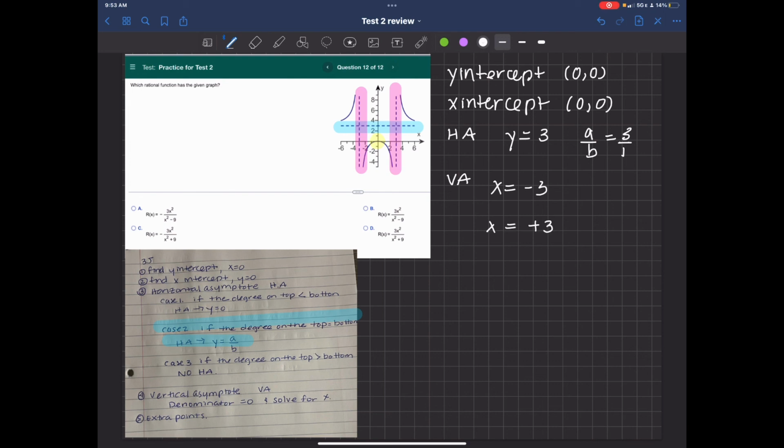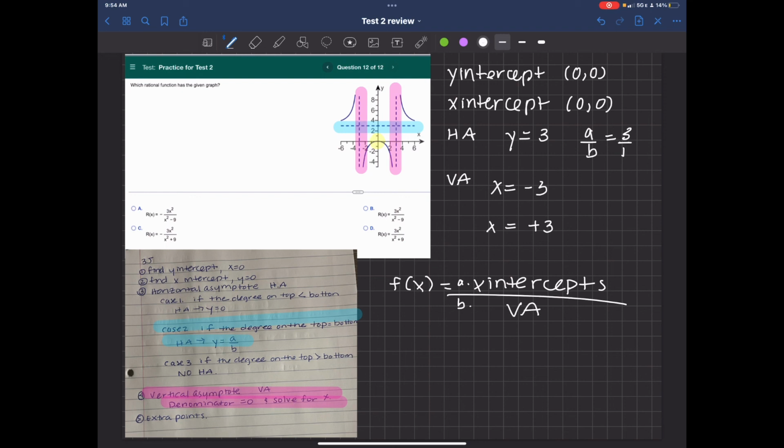Okay. I don't think we need extra points right now. So we know that if we are building an f of x, our function is going to be x-intercepts over vertical asymptotes, right? And then our A and our B are built in there.